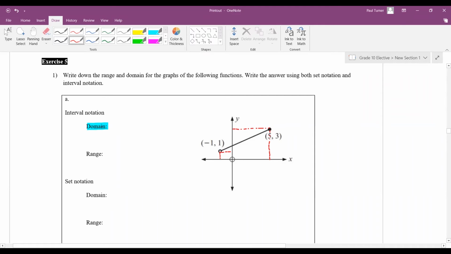So the domain is asking me where the graph is on the x-axis. If we look at this graph and the x-axis, you can see the graph is here, in this range. This is your domain.